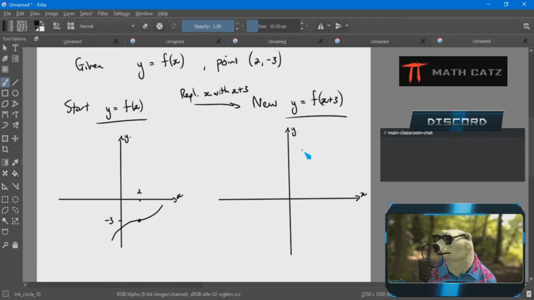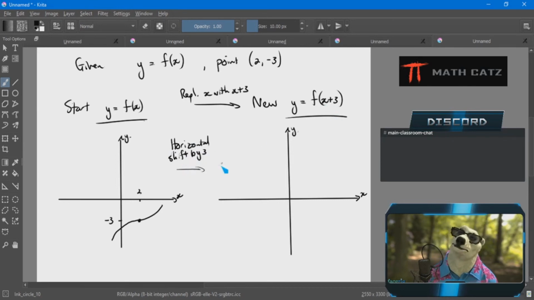Now, it's a little bit more abstract than working with a specific y equals x squared, but nothing changes. When I do this replacement transformation, what happens to the graph is a horizontal shift, the same argument as for the parabola. Let's say by 3 units.